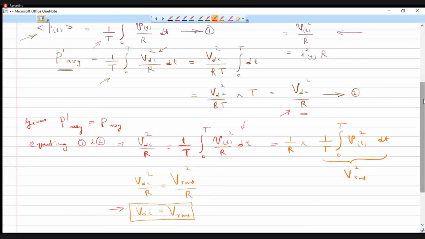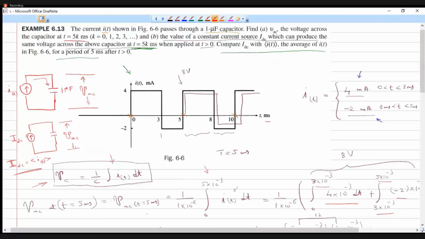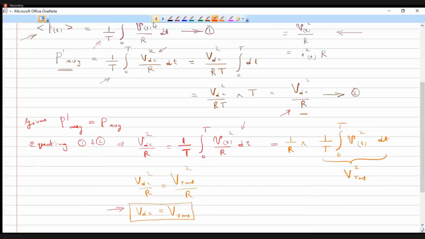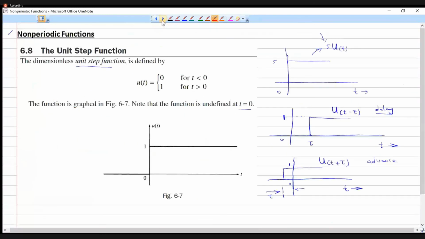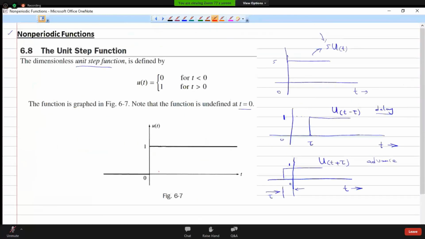In one we are equating the voltage, in the other we are equating the power. When equating the voltage, the DC current equals the average value of the current, whereas when equating the power, the DC value equals the RMS value of the voltage or current. Any doubt till that section, till that example?